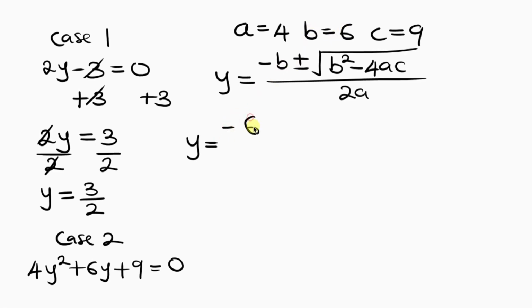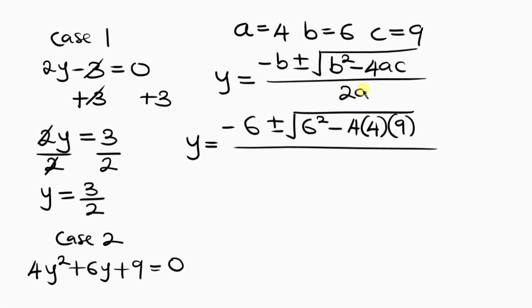B is 6, plus or minus the square root of b squared, that's 6 squared, minus 4 times a times c. So 4 times a is 4, times c is 9. All over the denominator 2 times a, which is 2 times 4.